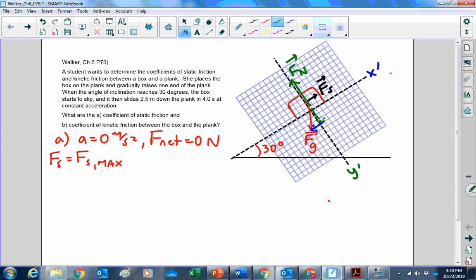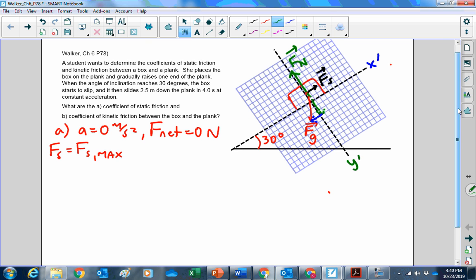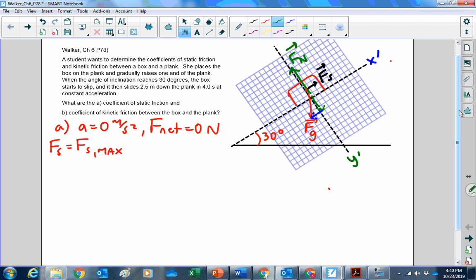So if I want to look at my x and y prime directions, then I know that if I want to find mu k, then mu k would be the force of friction divided by the normal force. So I'm going to need to find those two.